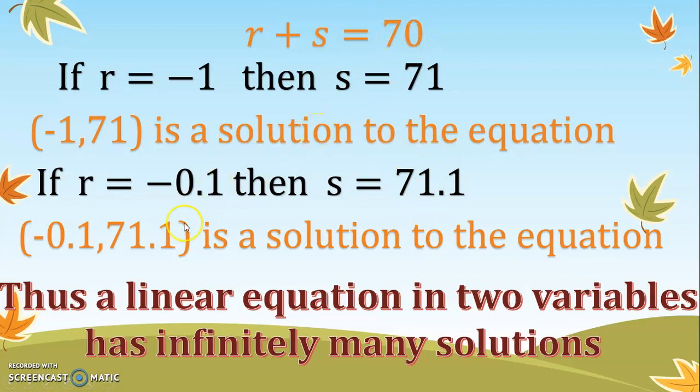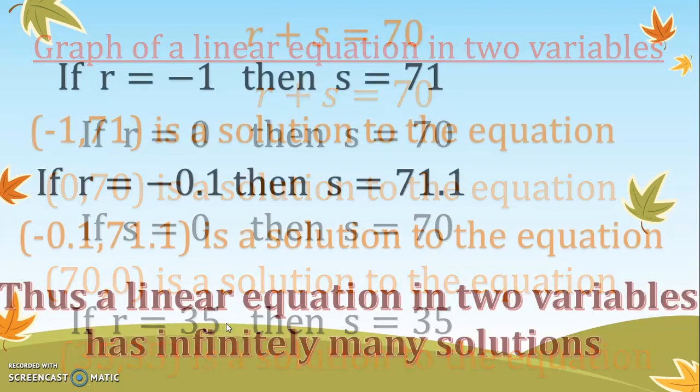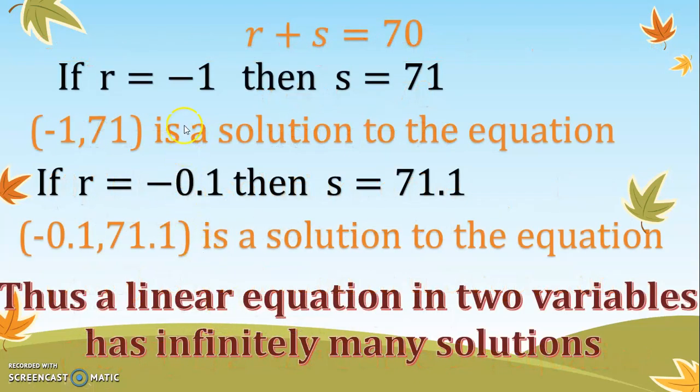So in this way we can have an infinite number of solutions. So a linear equation in two variables has infinite number of solutions. I hope we are clear with that. For example, if I have -10 here, I'll have s as 80. So there is no limit to the number of solutions that we can make.